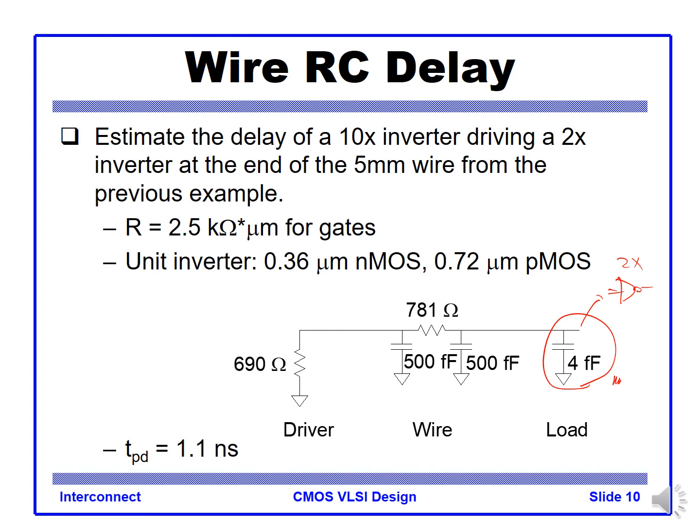This is the 10x inverter driving resistance, and this is the wire resistance. Let's assume that the 5 millimeter wire has this kind of pi model there.